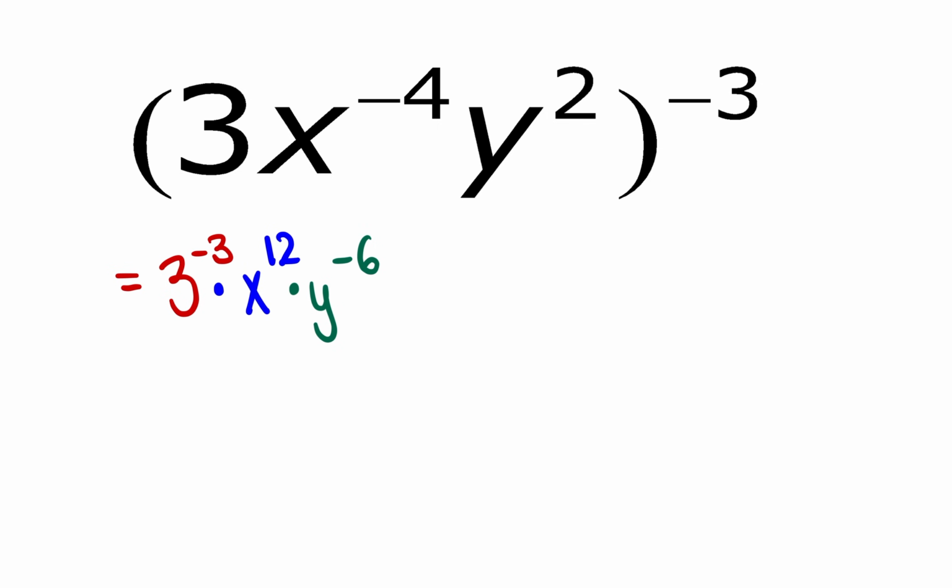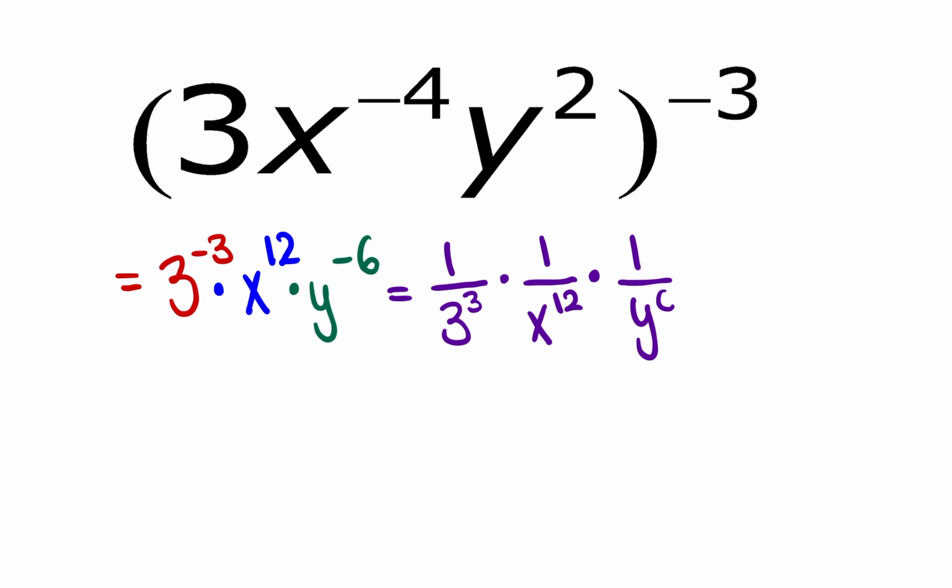And again, I cannot have negative exponents. So I will rewrite this to be 1 over 3 to the power 3 times 1 over x to the 12 times 1 over y to the 6.